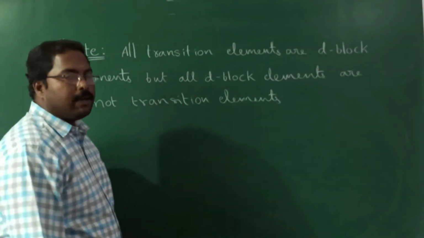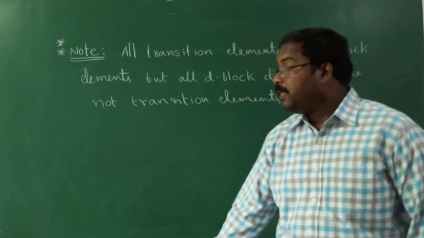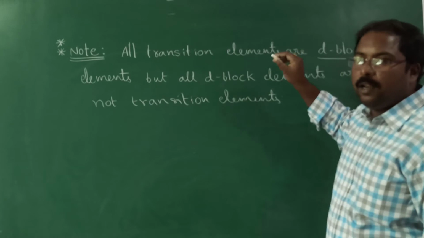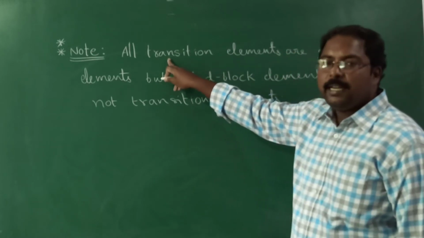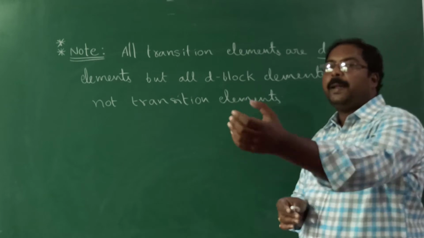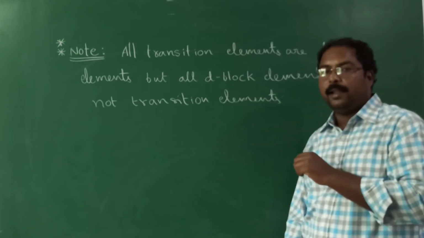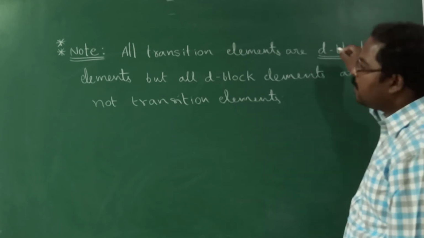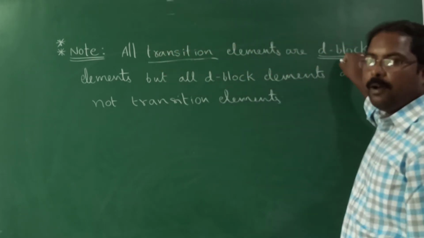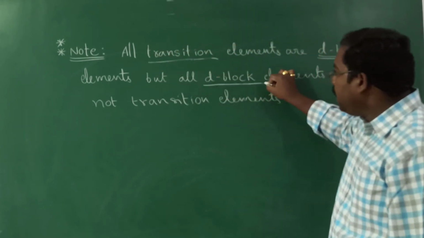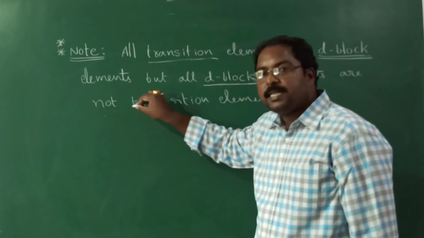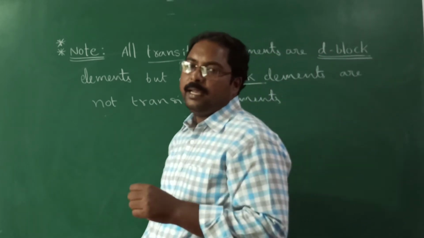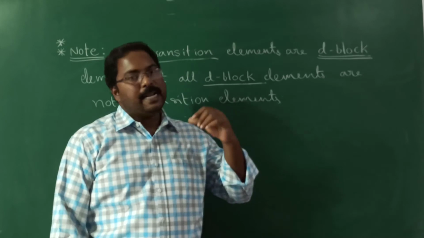Now check whether the statement is correct or not: all the transition elements are d block elements. Got the logic or not? Because in all these transition elements, the inner shell, the penultimate shell, is incompletely filled. So in all those cases, the differentiating electron enters into the d orbital. That's why all these are d block elements. But all d block elements are not transition elements because of the exception zinc, cadmium and mercury. They are d block elements but not transition elements.